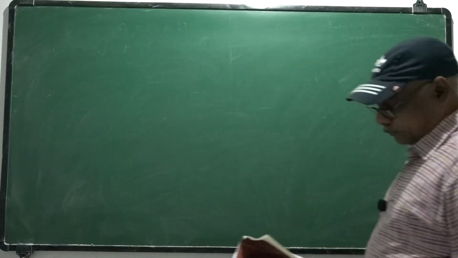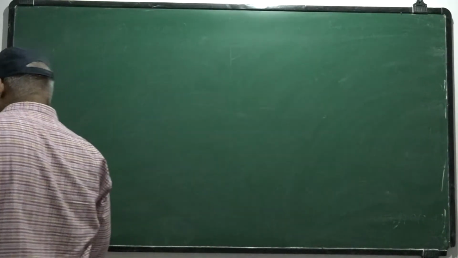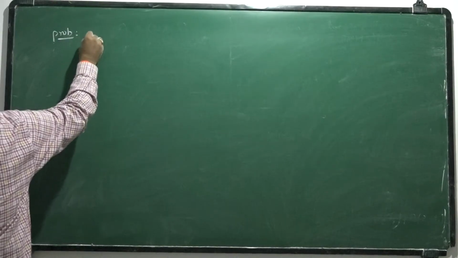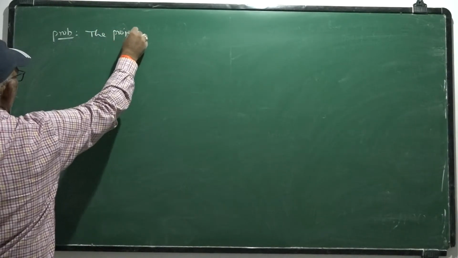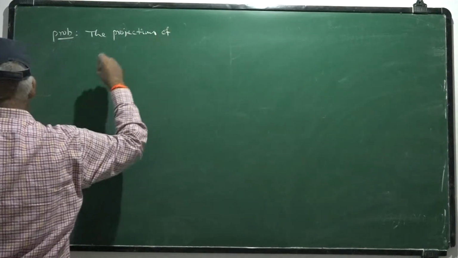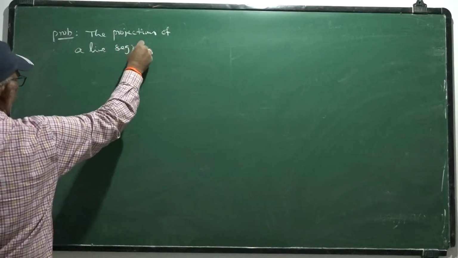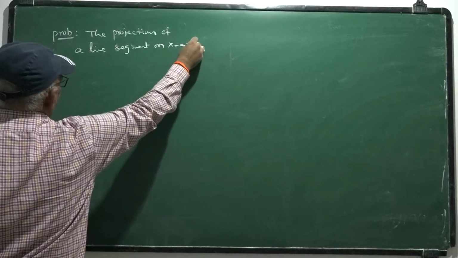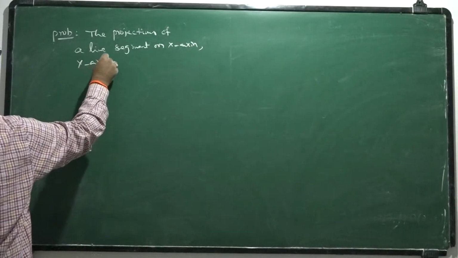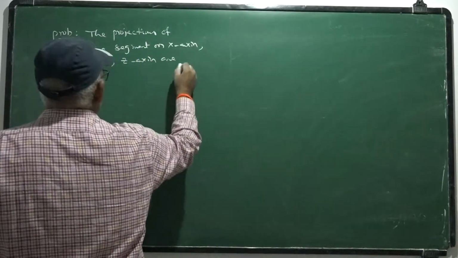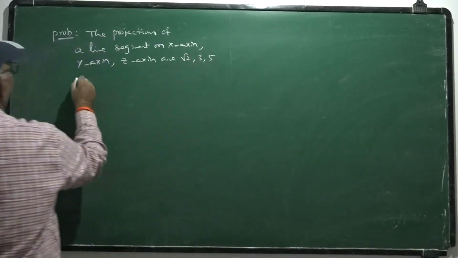Next problem. The projections of a line segment on x-axis, y-axis, z-axis are root 2, 3, 5 respectively.